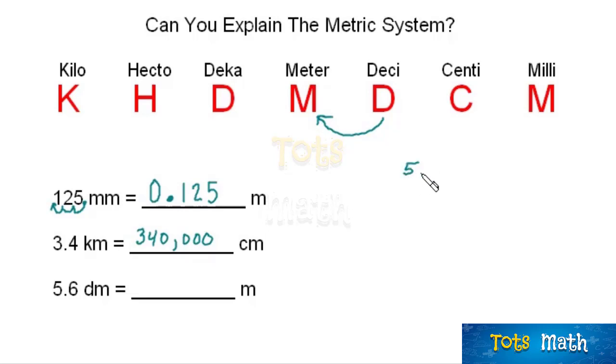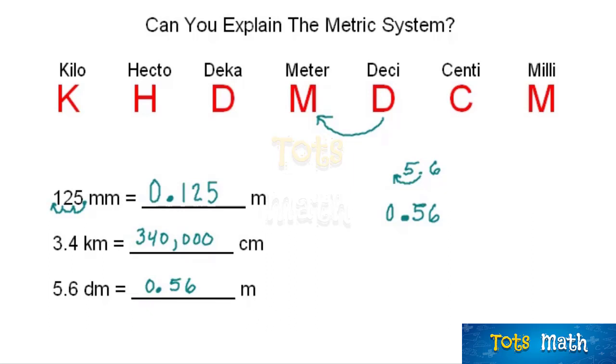So to change 5.6 decimeters to meters, we just have to move the decimal one place to the left. And that gives us 56 hundredths. So 5.6 decimeters is equal to 56 hundredths of a meter.